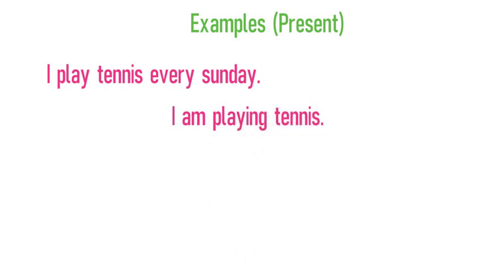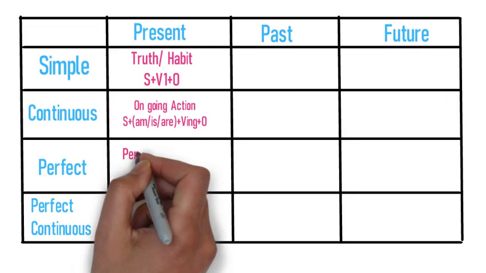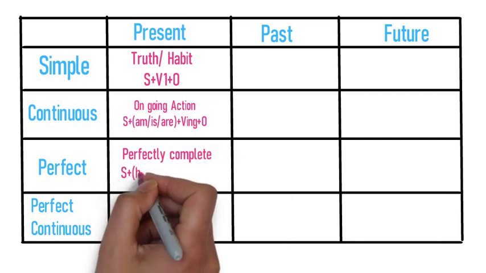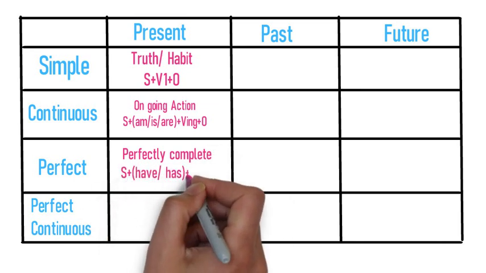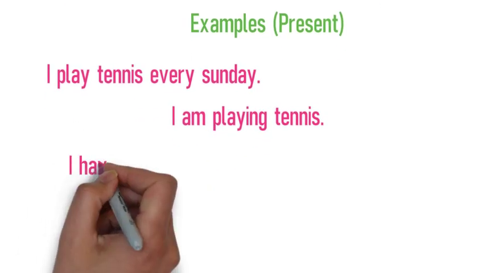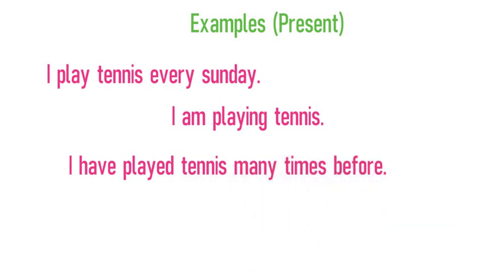Moving on to the present perfect tense, it is a perfectly completed work. The structure is subject plus has, have plus third form of verb plus object. For example, I have played tennis many times before.